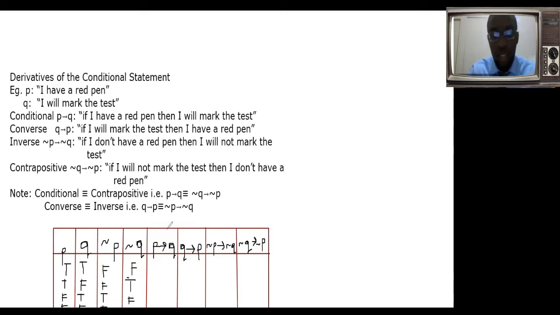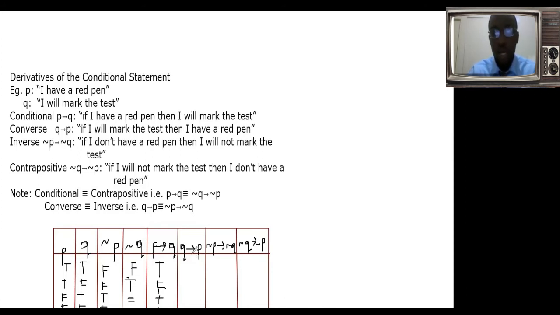So if P is true and Q is true, then P implies Q is true. Now if P is true and Q is false, then I told you a lie, and this is the only time it's going to be false. So this one is false, then true, then true.